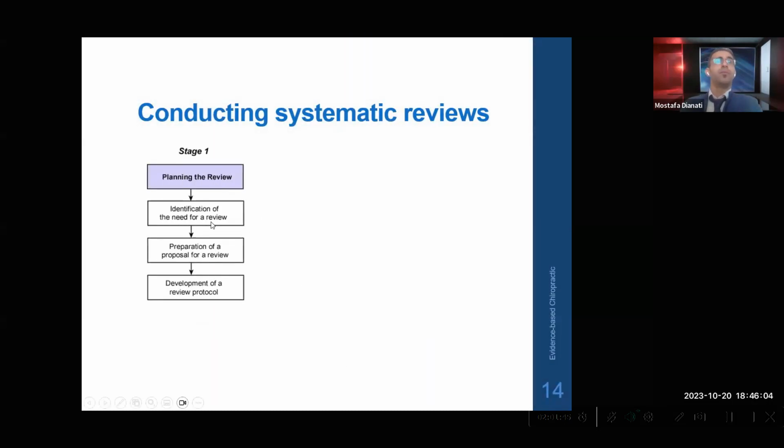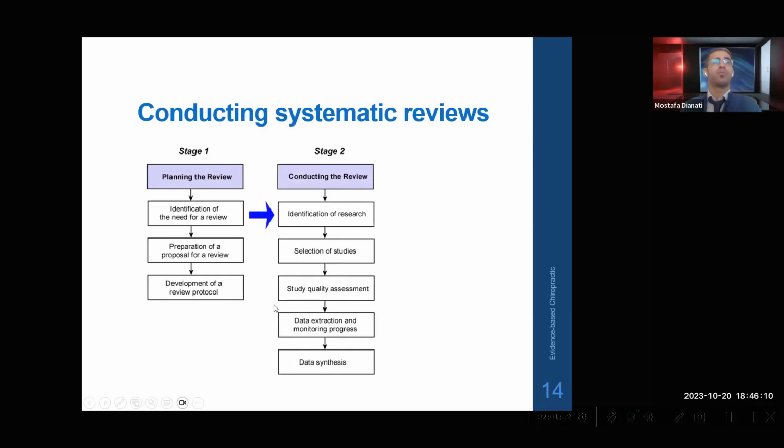So planning the review: identification of the need for a review, preparation of a proposal for a review. This is stage one, which is planning. And then development of a review protocol. For example, which population, what is your exposure, what is your outcome, during which years you are going to study, for example, between 2010 and 2024.